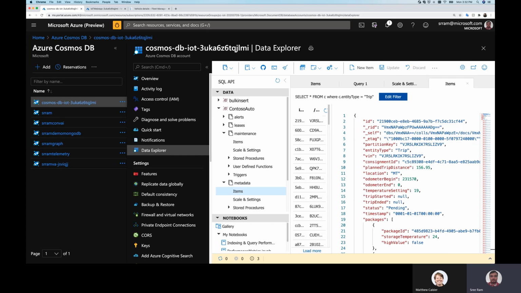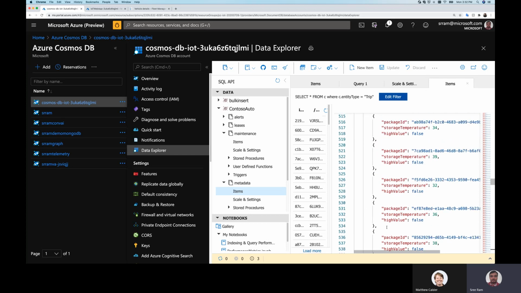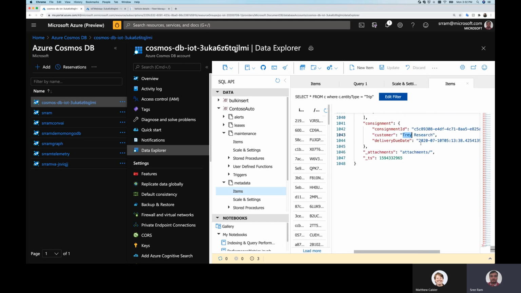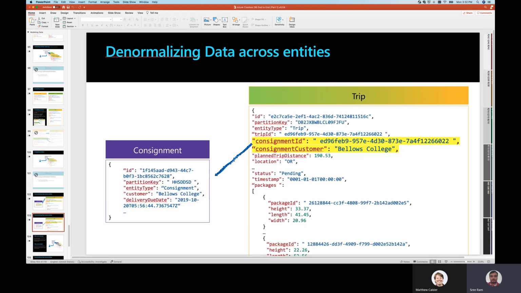But for now, I think you are probably convinced that these three things, co-location in action, embedding in the form of packages, and denormalization in terms of consignment and customer, are all very, very important in a NoSQL design scenario.